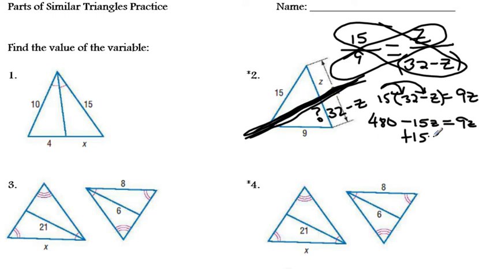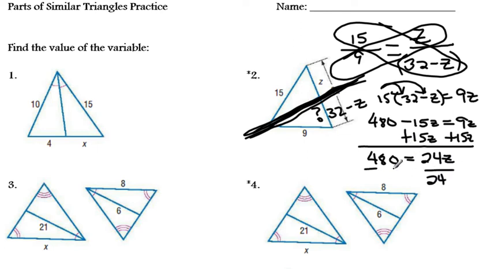Adding 15z to both sides, we're left with 480 equals 24z. And divide both sides by 24, gives us z equal to 20.